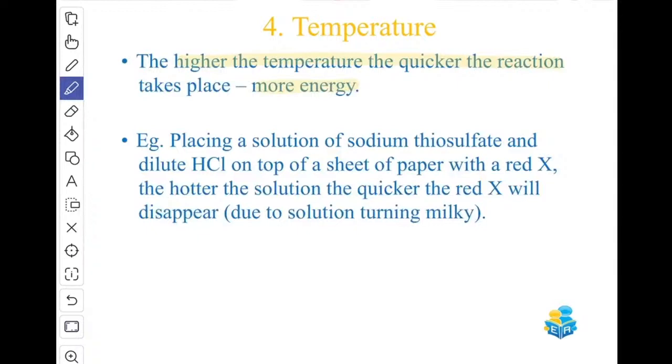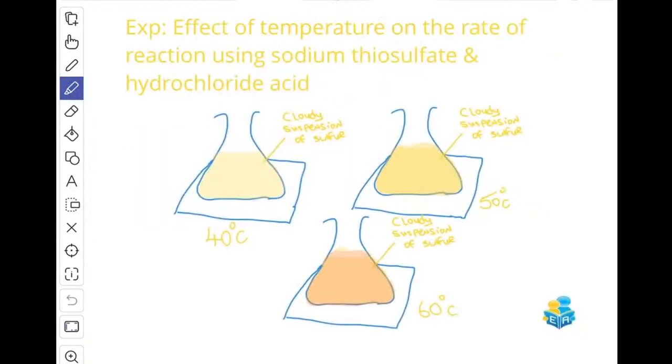So by placing a solution of sodium thiosulfate and dilute hydrochloric acid on top of a sheet of paper with a red X, the hotter the solution, the quicker the red X will disappear, due to the solution turning a milky yellow colour. So if we go and actually have a look at this, this is the temperature experiment. We're looking at the effect of temperature on the rate of reaction using sodium thiosulfate and hydrochloric acid.